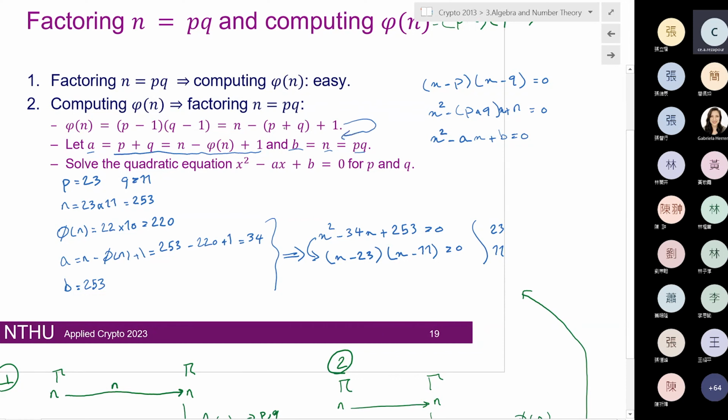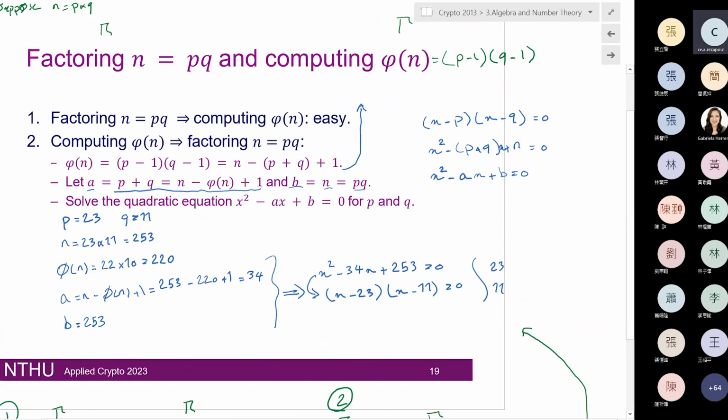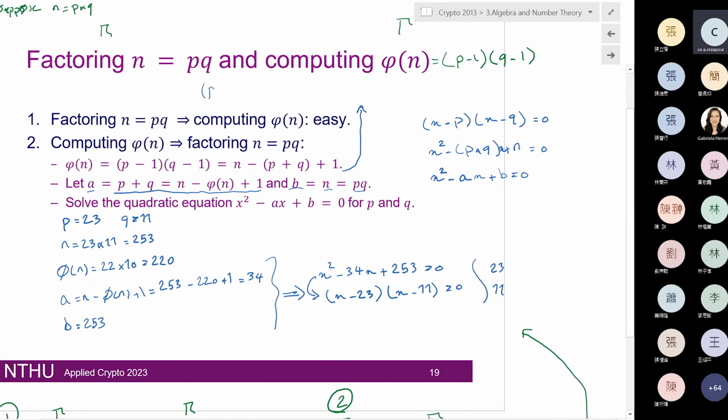I can take this part to the other side and bring phi n over here. So if I rewrite this equation, p plus q equals n minus phi n plus 1, right? This is equal to this line.